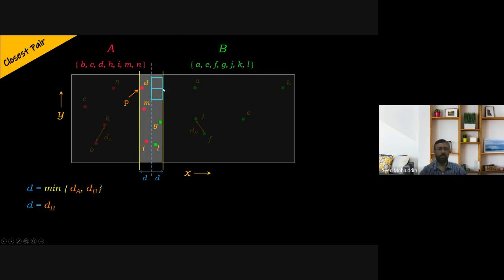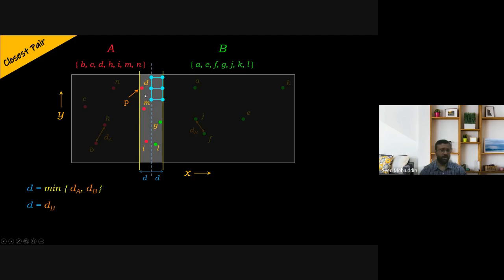Now, at the most, what we have to compare is 6 extreme points. Those are the 6 extreme points we have to compare. None of the points here will lie within the shaded region of the A side.